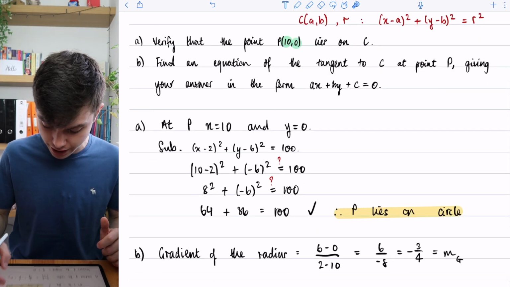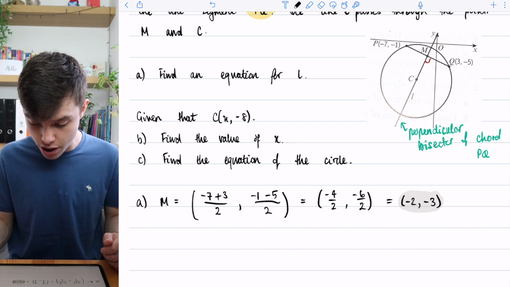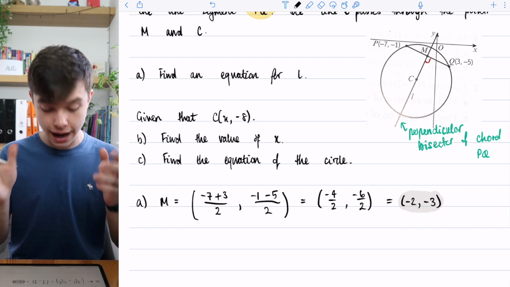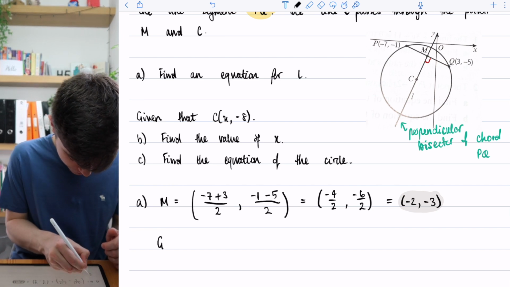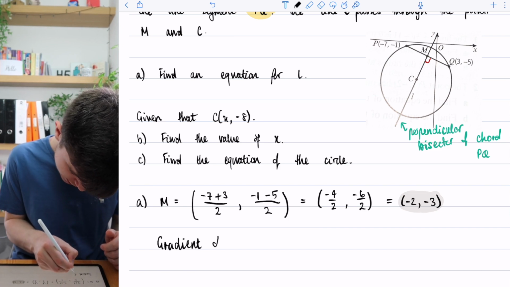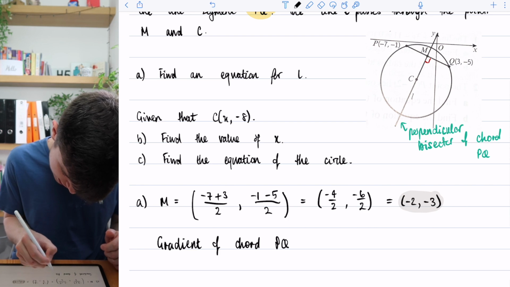So let's do that. Let's work out the gradient of the chord first. We have 2 points on the chord, we have P and Q, so we'll work out the gradient of the chord. We'll write that here: gradient of chord PQ.